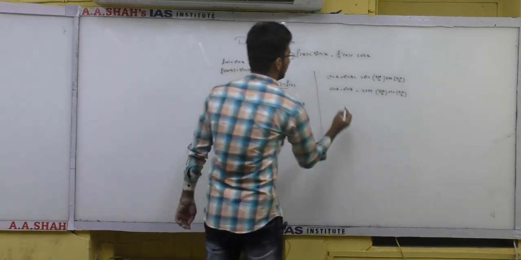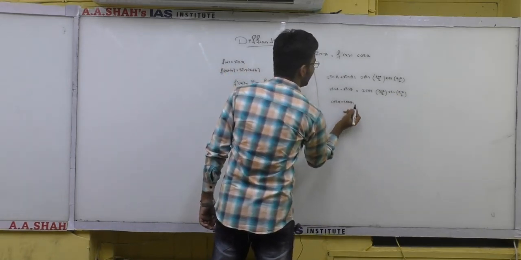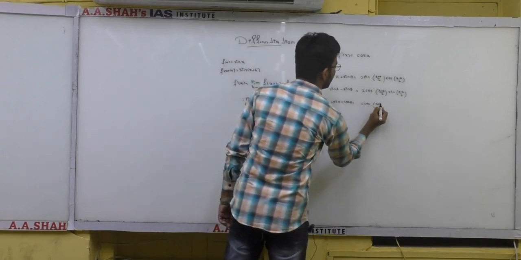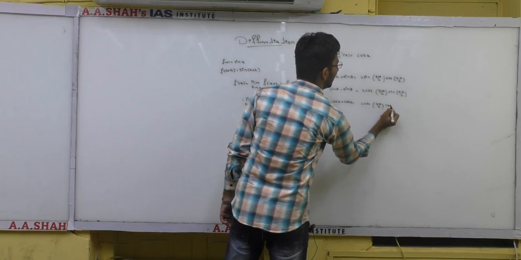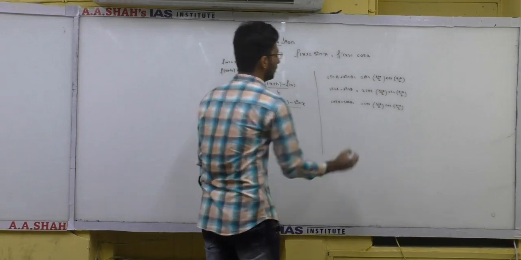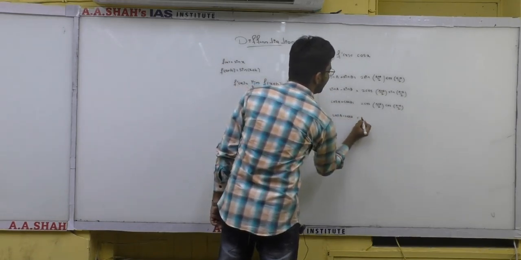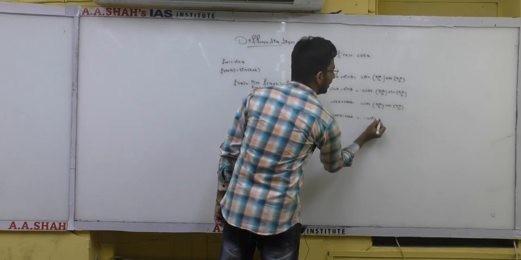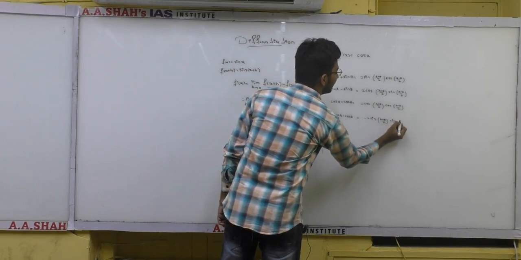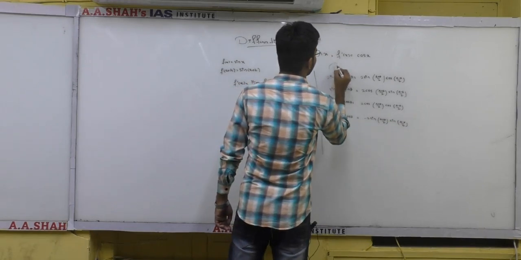If we have cos a plus cos b, then we write 2 cos((a+b)/2) cos((a-b)/2). And if we have cos a minus cos b, then we write minus 2 sin((a+b)/2) sin((a-b)/2). So these are called factorization formulae.